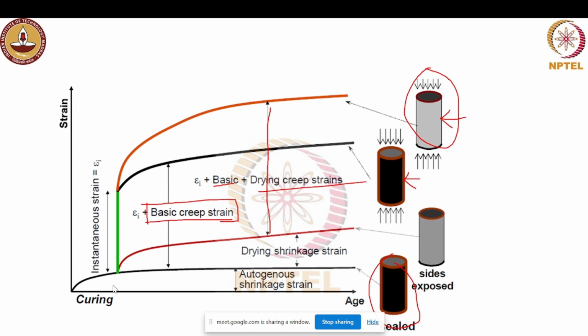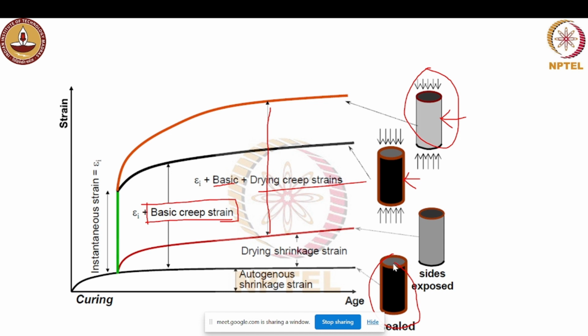You understood, na? And why is this graph starting from this point, do you know? No. Till this time, it is the curing period. Till here, we are curing it in normal condition only. After curing, we are measuring the shrinkage strain.